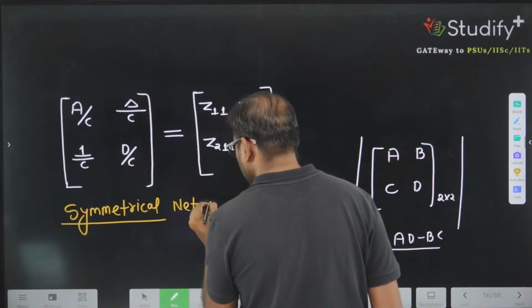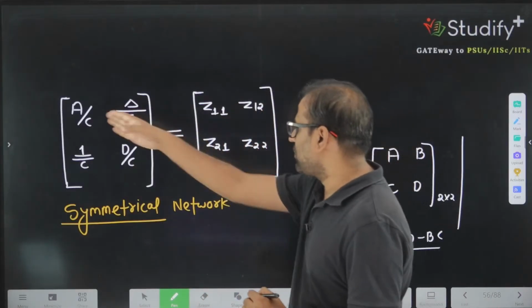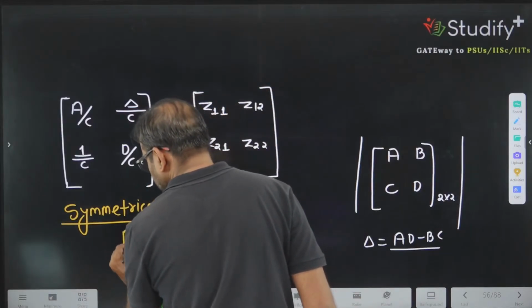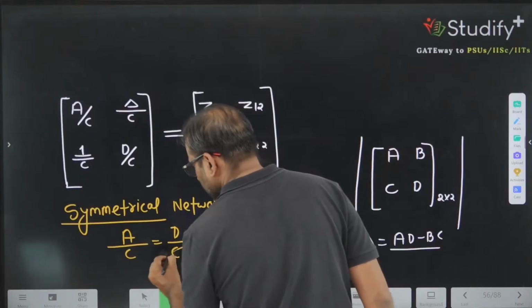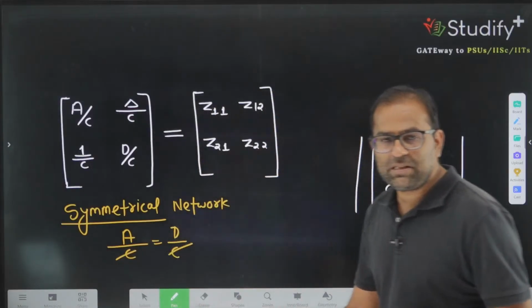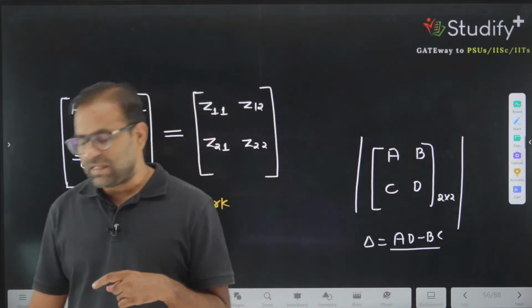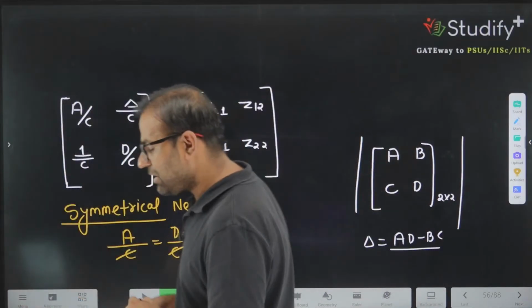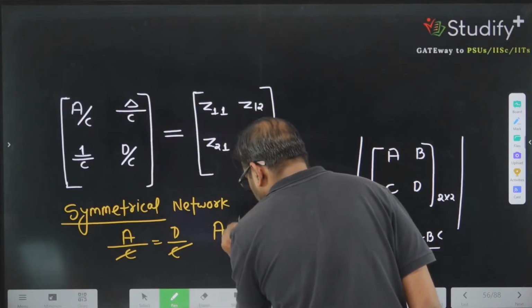The condition is very simple. Z11 equal to Z22, so A by C equal to D by C. C and C cancel. So if ABCD parameter is given and the network is symmetrical, you will obtain the condition that A is equivalent to D. This is the first condition.